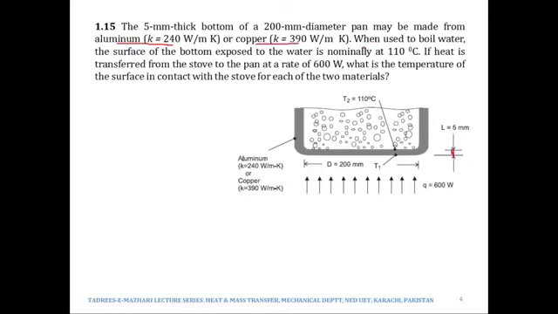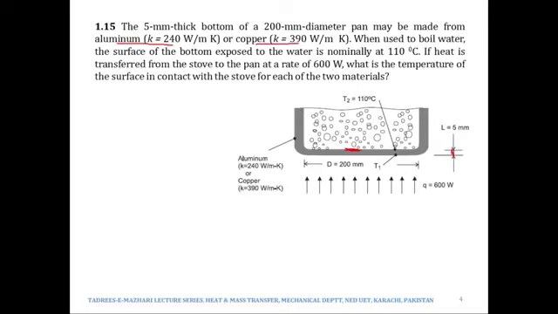Now it says that when used to boil water, the surface of the bottom exposed to the water is nominally at 110 degrees Celsius. So the upper surface of the pan, which is exposed to the water, is at 110 degrees Celsius. And the heat is transferred from the stove to the pan at a rate of 600.